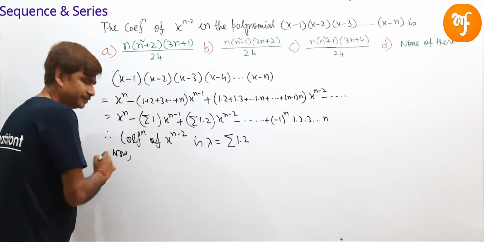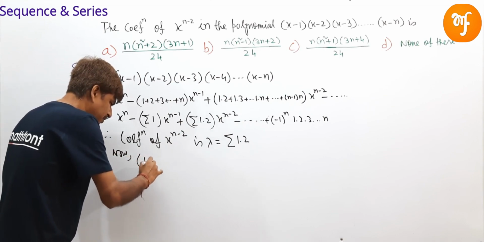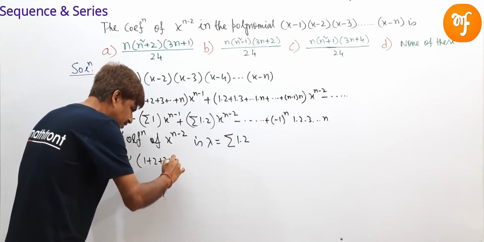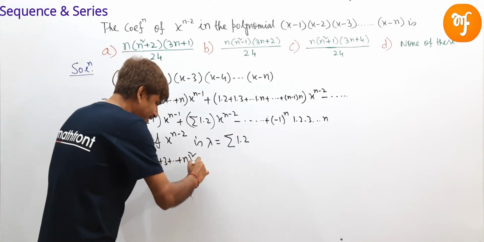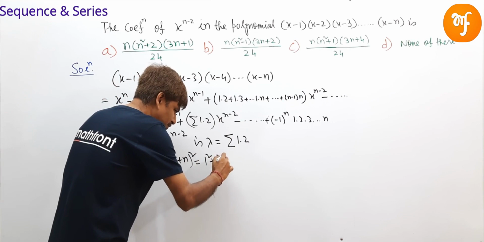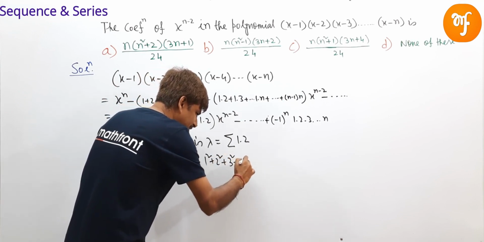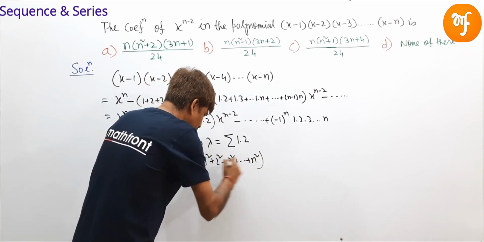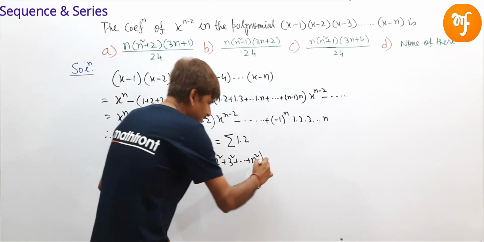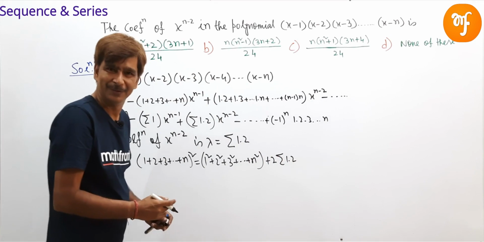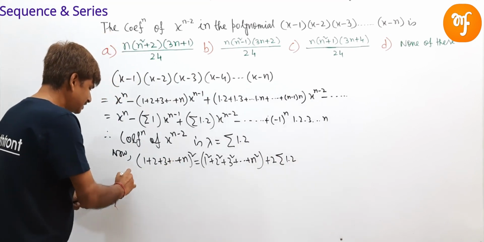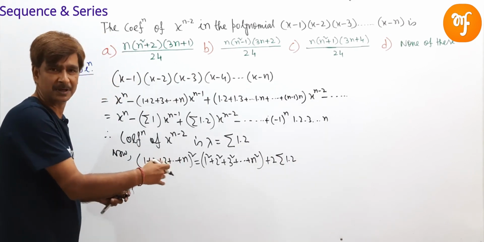Now we know (1 plus 2 plus 3 plus dot dot till n) whole square is equal to what? It is 1 square plus 2 square plus 3 square plus till n square, plus 2 into summation of 1 into 2. We know this. Now what is the value of 1 plus 2 plus 3 plus dot dot till n?